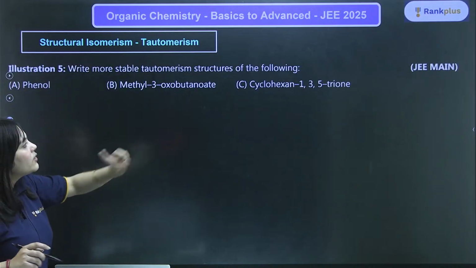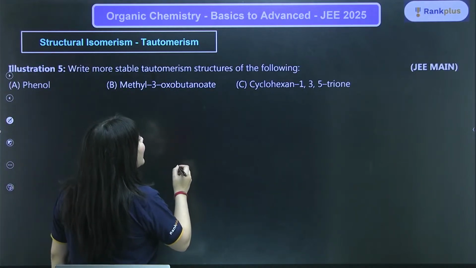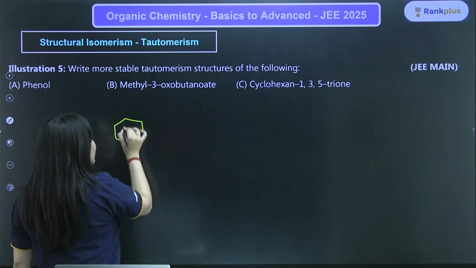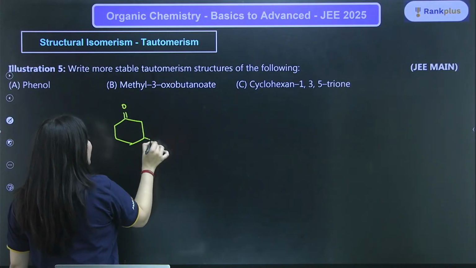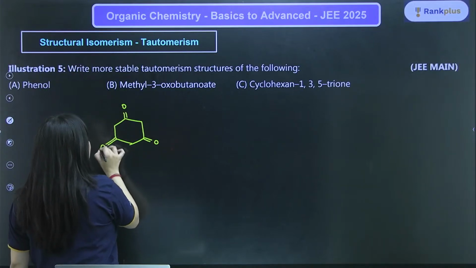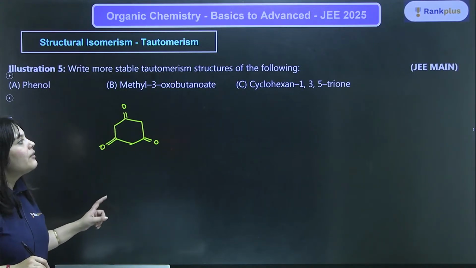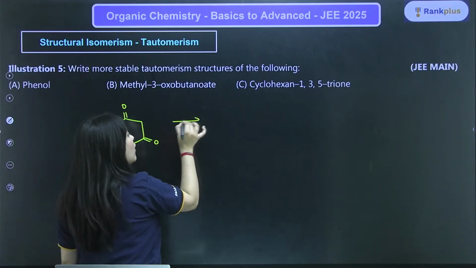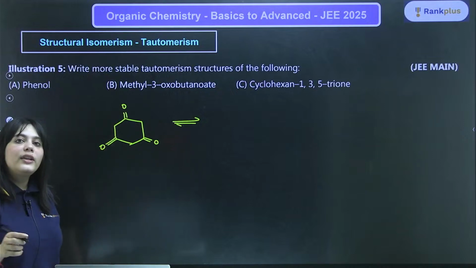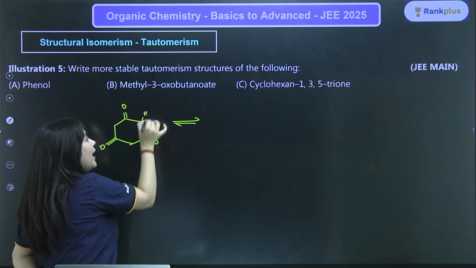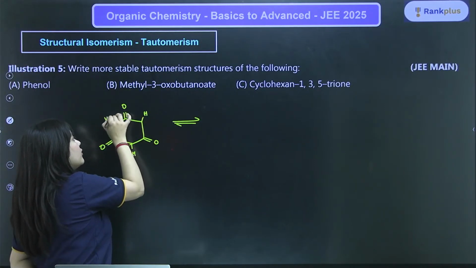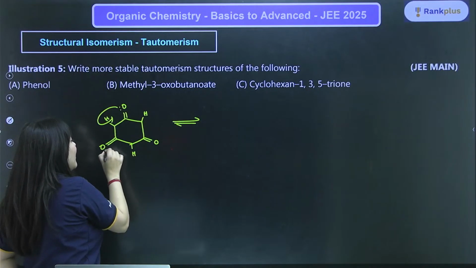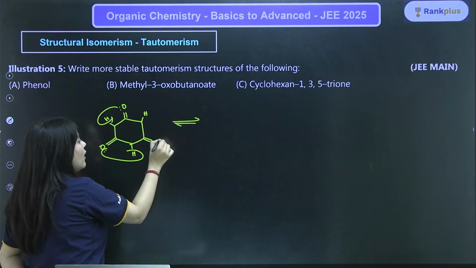Now, let us focus on the C molecule. They have given you cyclohexane-1,3,5-trione. So, I have formed cyclohexane. At the first position there is a ketone, at the third position a ketone, and at the fifth position a ketone. Now they have asked whether the keto form is stable or the enol form is stable. Try to draw the enol form of it. How will you draw it? Here, can you see there is an alpha hydrogen, another alpha hydrogen, and another alpha hydrogen, right? All three alpha hydrogens will be abstracted by these oxygen atoms.